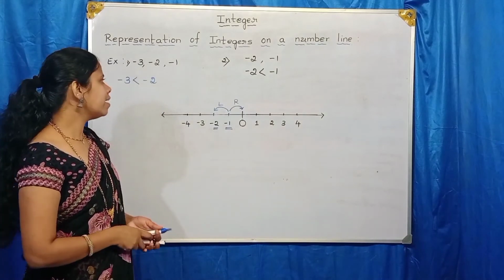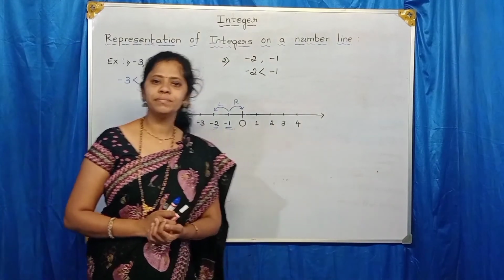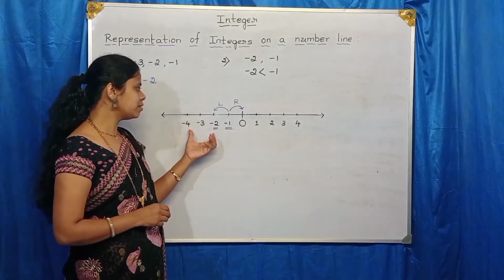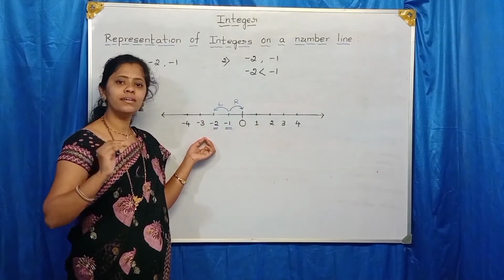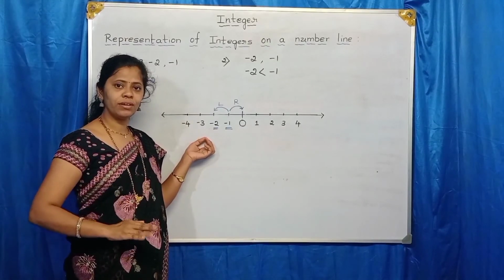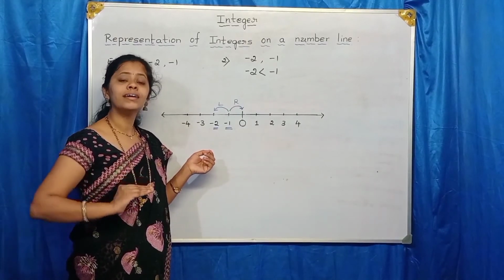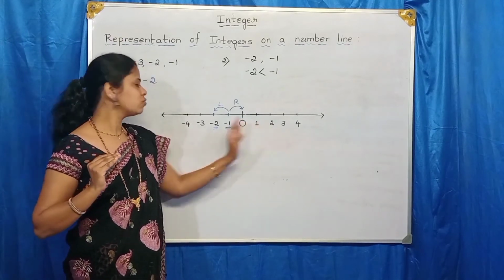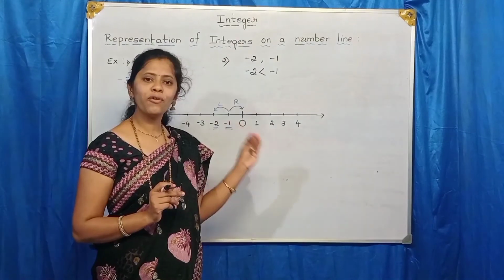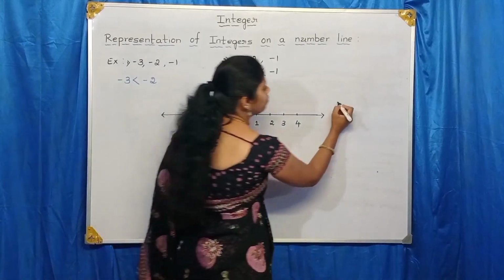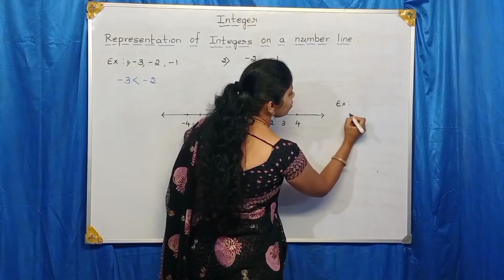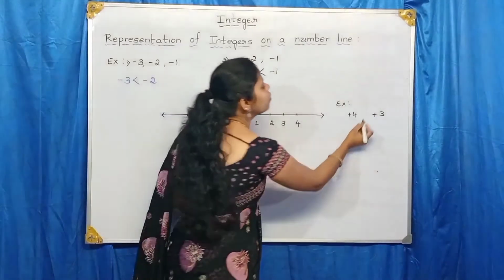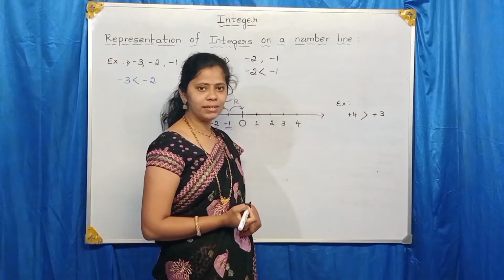Okay? Like that, you can solve more problems. Now remember, very easily, in the negative numbers, greater the number, smaller is the value, and smaller the number, greater is the value. It is opposite to positive integers. What I am going to say is, when you take plus 4 and plus 3, plus 4 is greater, right?